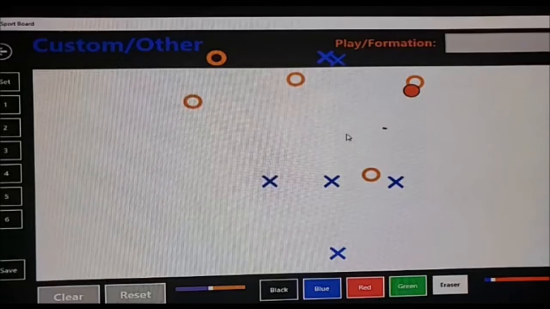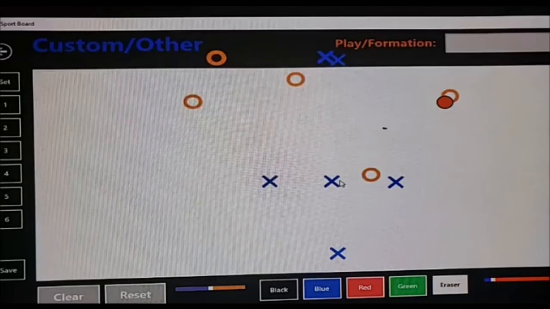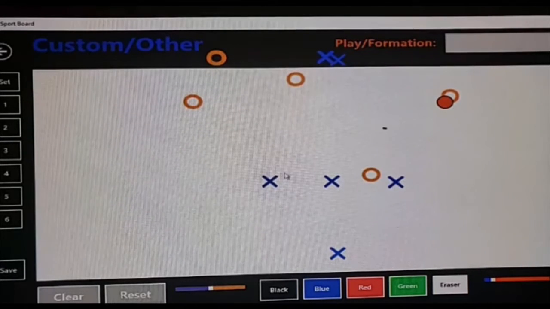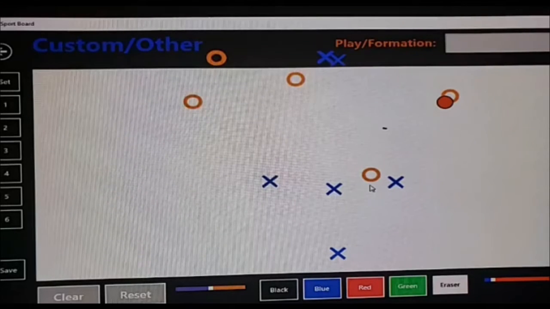Okay, so same idea. Now we're going to be really focusing on what a center back should say. So I'm going to start now. Center back's responsibility, of course, he needs to be a little bit deeper than the other two, in a 3-back system especially. Now he sees this player has the ball. He's going to have to tell him to step, but not all the way.